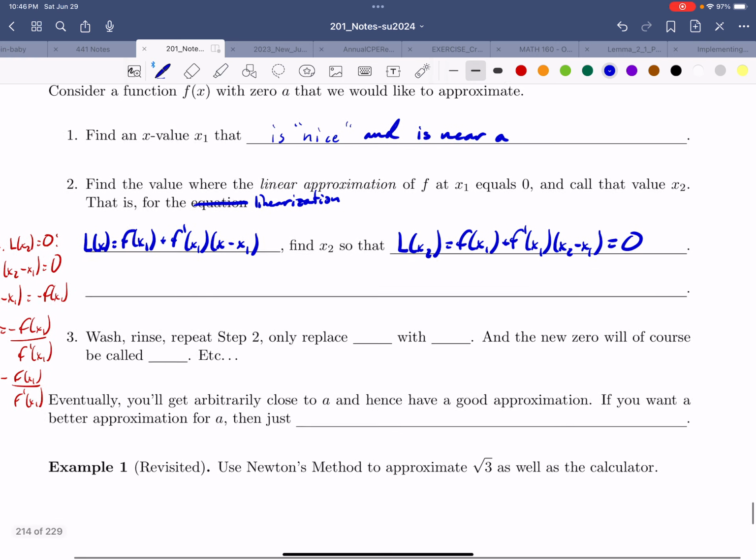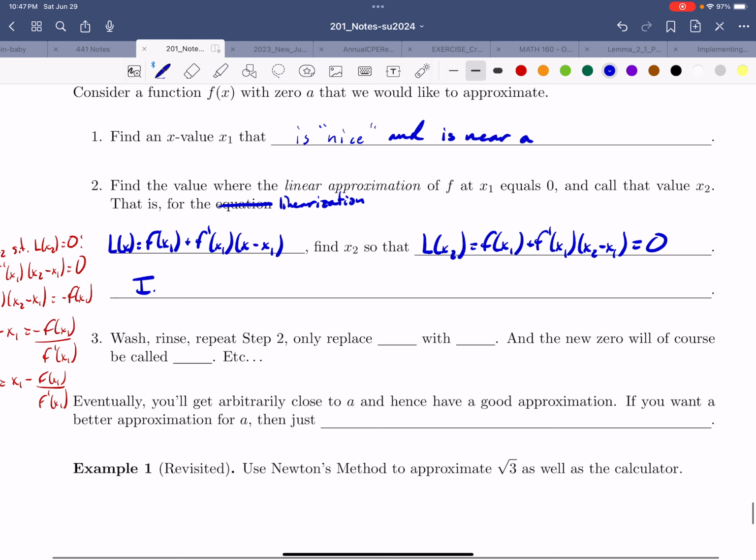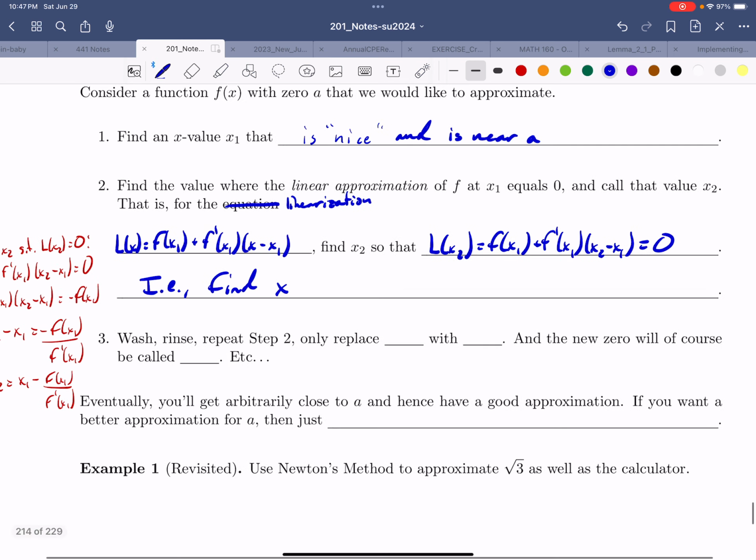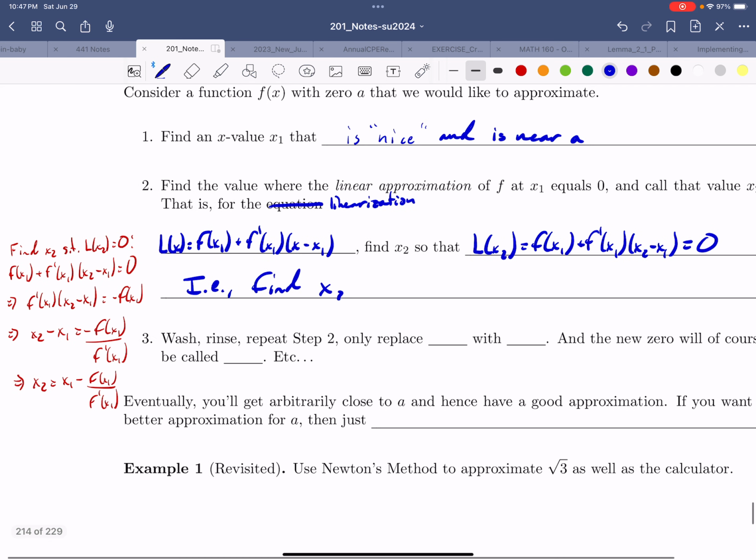So I'll say, i.e., find x2 equals x1 minus f of x1 all over f prime of x1. Okay? That's what you're really doing.